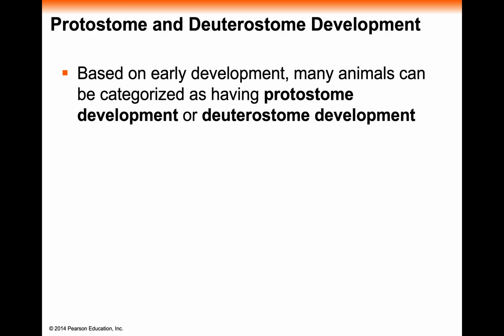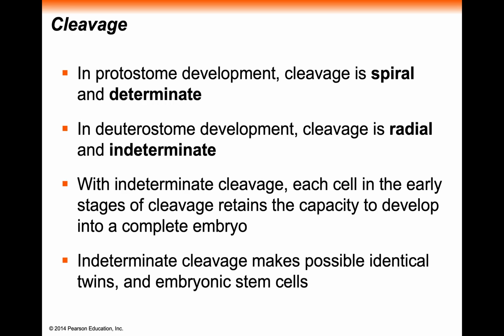Now, the last major thing that we divide animals into is whether they're a protostome and deuterostome. And you actually already know what these are if you've been paying attention. Based on early development, many animals can be categorized into having a protostome development or deuterostome development. What the heck is this? Well, remember what I told you about early on, that cleavage and whether it is rotated or lined up very well.